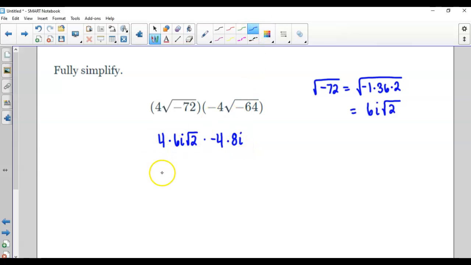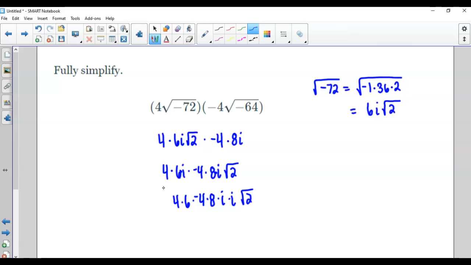You can think about reordering this. It's 4 times 6i times -4 times 8i times the square root of 2. Or you could even reorder, because this is 6 times i, this is 6 times 8. So 4 times 6 times -4 times 8 times i square root of 2. Of course, you do not have to show either one of those steps there. I'm just sort of going through the reasoning behind it.